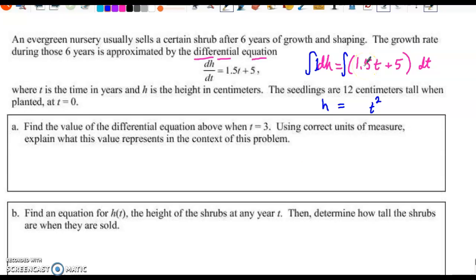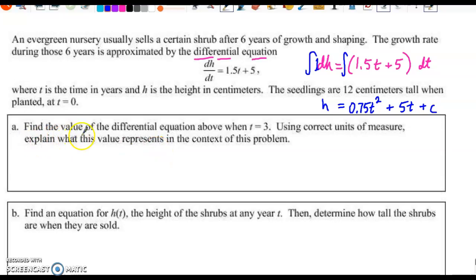Well, it might actually make sense to write that as a 0.75 since it starts as a decimal, plus 5t plus c. You can verify that that's derivative is up there. So I'm going to reference this again later, and why it might make sense that this is the same thing as this.